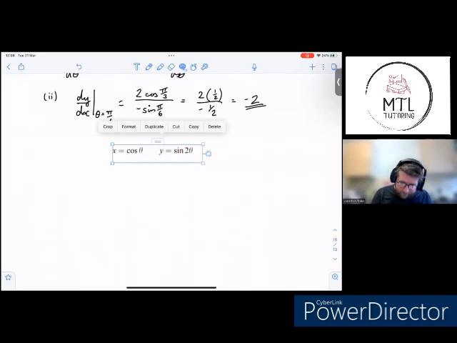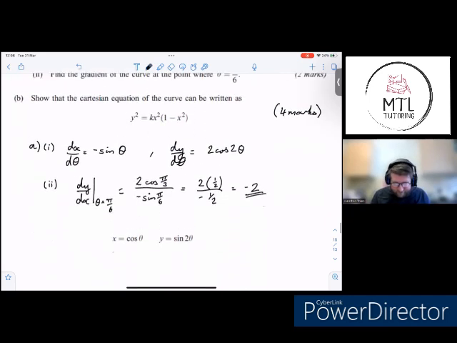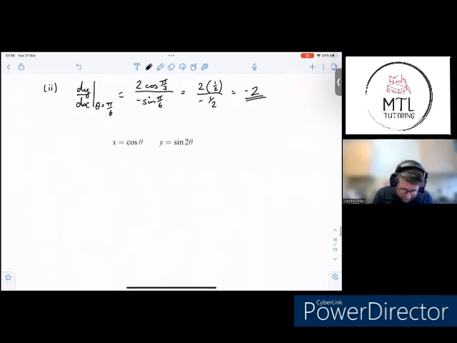Okay, so obviously this isn't technically calculus now, but we now need to find the Cartesian equation. Now, in the examples we've seen earlier in this video, in order to find the Cartesian equation, we made the parameter the subject and used that to eliminate the parameter. Unfortunately here, if we make theta the subject, we're going to end up with theta equals inverse cos or arc cos of x.